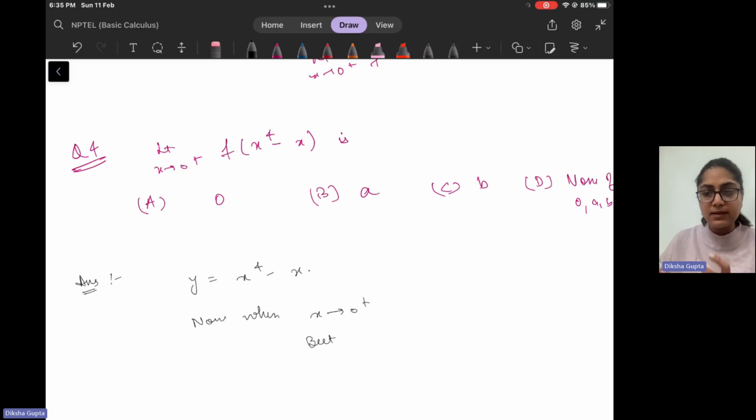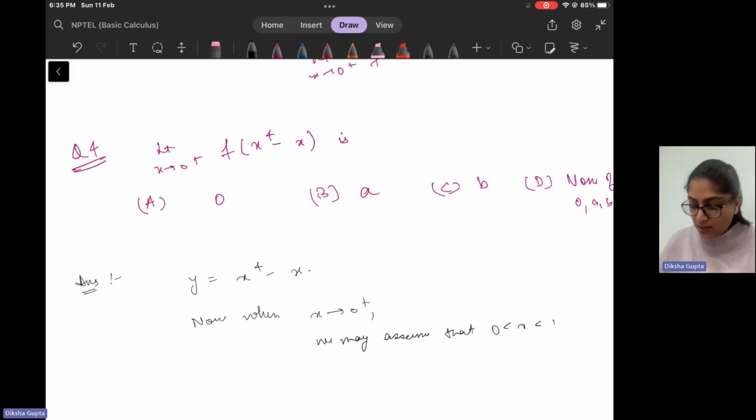How is it behaving near 0, because we have to find the limit at the point 0 here. We cannot go very far from 0. The behavior might change. So we may assume that x is between 0 and 1, that is 0 less than x less than 1.